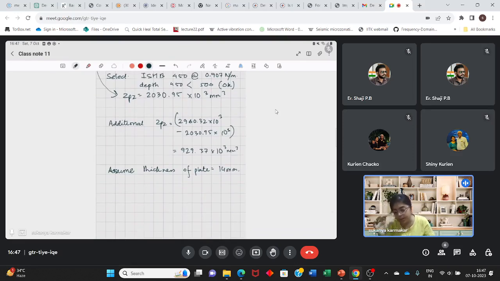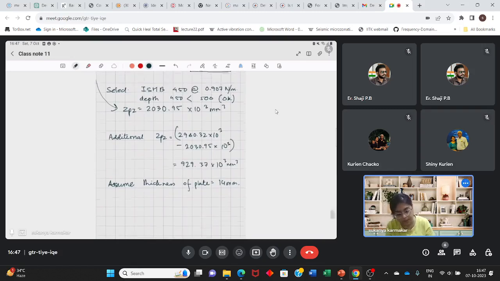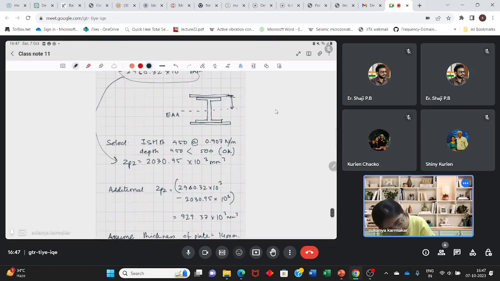Now the distance between the center of the plates, from this point to this point, from the center of this plate to the center of this plate, how much will it be? If the total depth is 478 minus 14, basically it will be 464 mm.